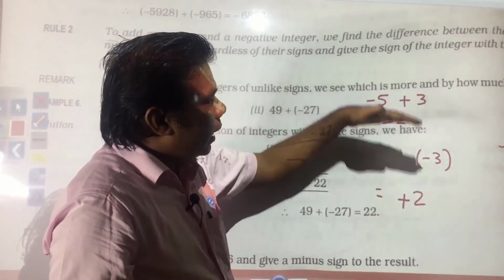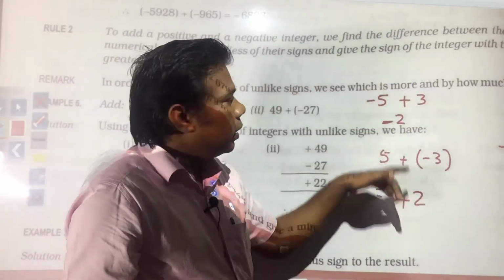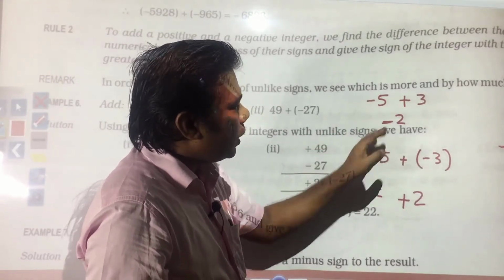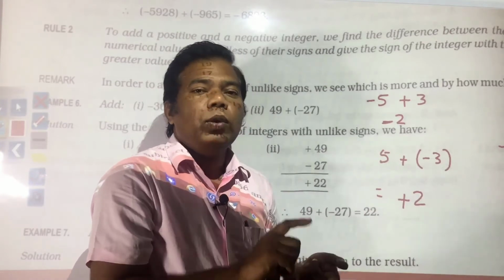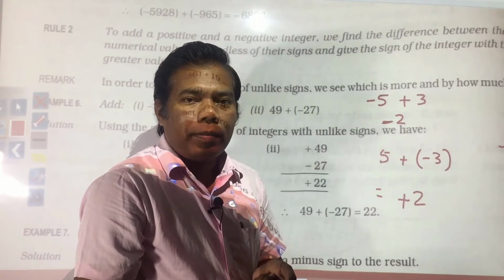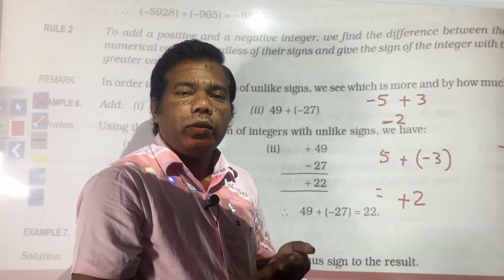So, in both the cases, opposite signs were there, and in both the cases we did subtraction. So, if opposite signs are there, we need to do subtraction, and the smaller number is required to be subtracted from the bigger number, and the sign will be of the bigger number. That you need to remember.